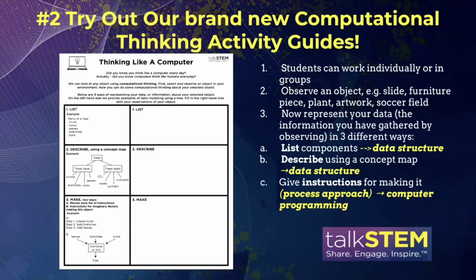So I think you can really empower kids once they've done this for a slide, a bookshelf, a soccer field, pretty much anything you like. And say, you know what, you just did the exact kind of thinking that our computer scientists need to do. It's the most important thing. By the way, it's no accident that we design computers to think like us, because computers were created by people.